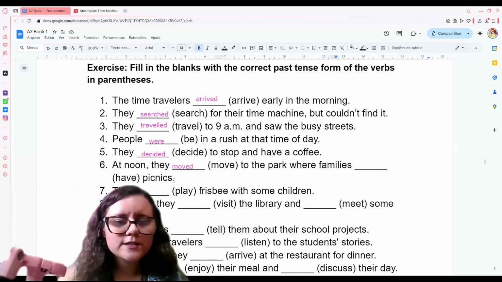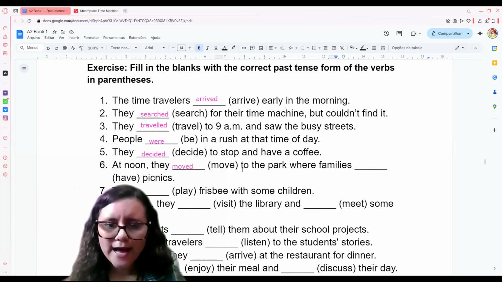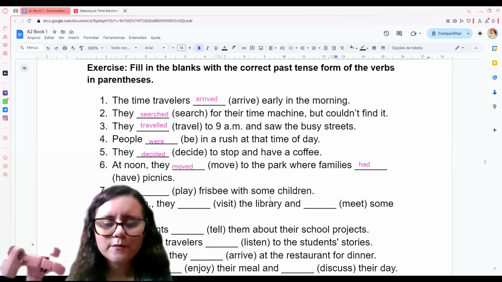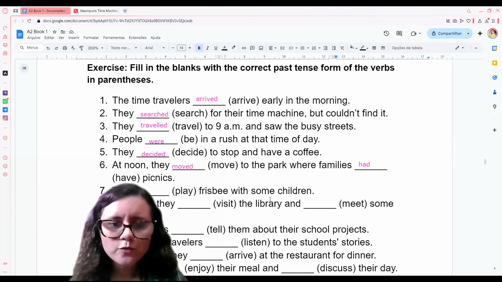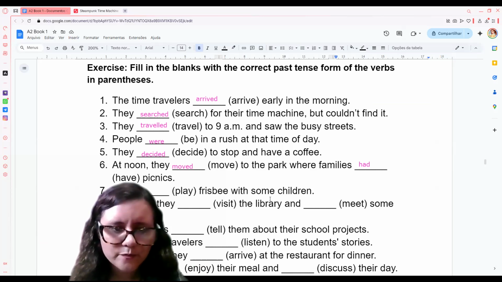At noon, they moved to the park where families have, irregular verb. The past of the verb have is had. To the park where families had picnics. At noon, they moved to the park where families had picnics.